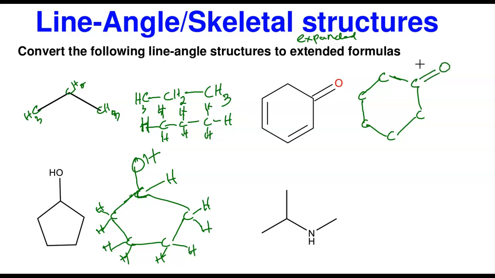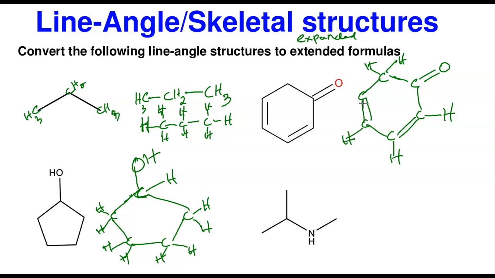We don't need to worry about it. And then what next do we do? There's a double bond between these two. And there's a double bond here. Now we have to put all the hydrogens to satisfy carbon's octet rule of 4 bonds. So here we're going to put 2 hydrogens to make carbon have 4 bonds. Here it has 1, 2, 3, 4 bonds. We're going to put 1 here. Here 1, 2, 3, 4 bonds. We'll put 1 here. 1, 2, 3, 4 bonds. We'll put 1 here.